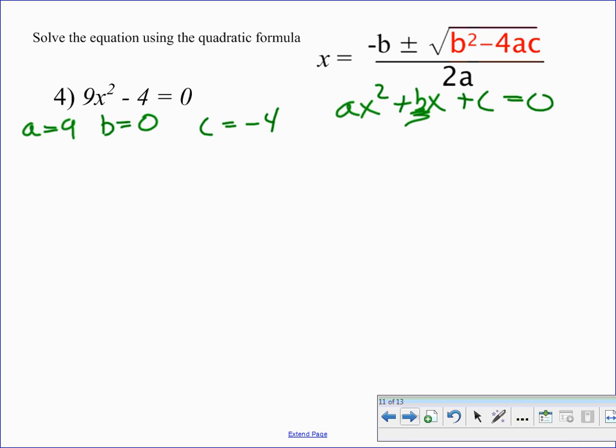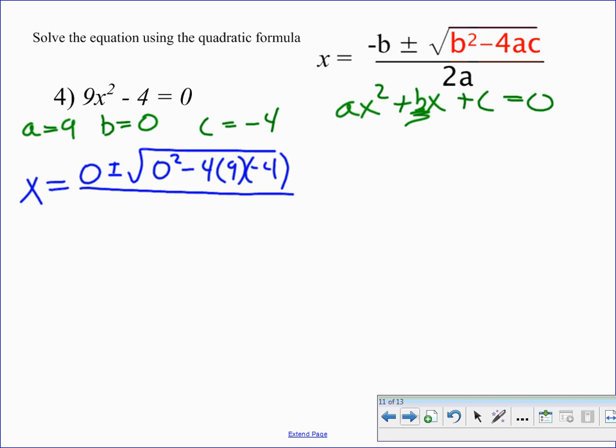So we can still use the quadratic formula. We just go 0 plus or minus the square root of 0 squared minus 4 times a times c all over 2 times a.